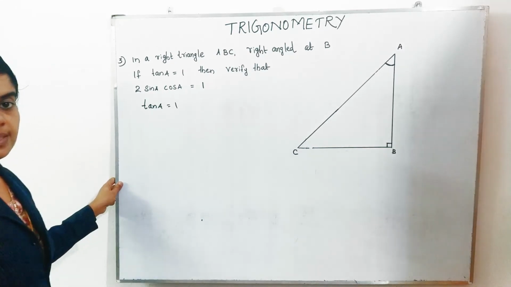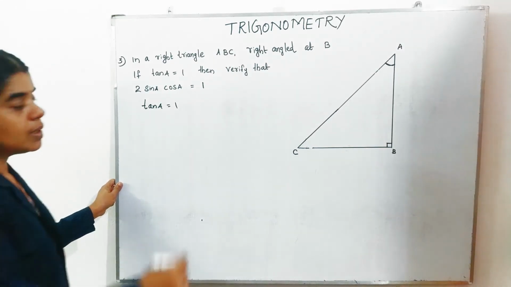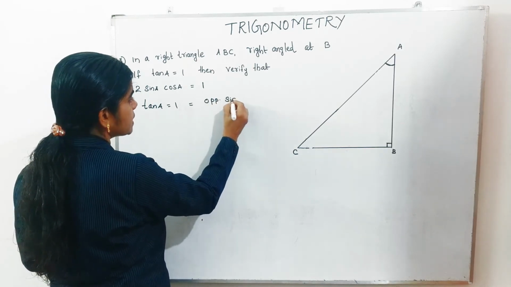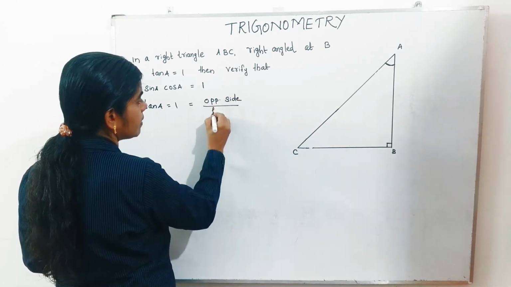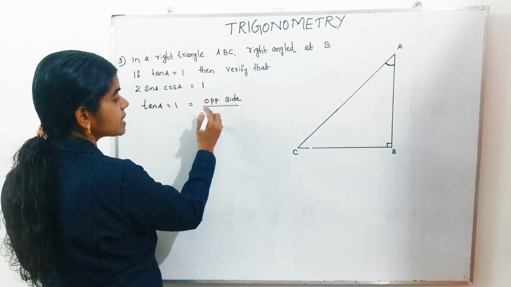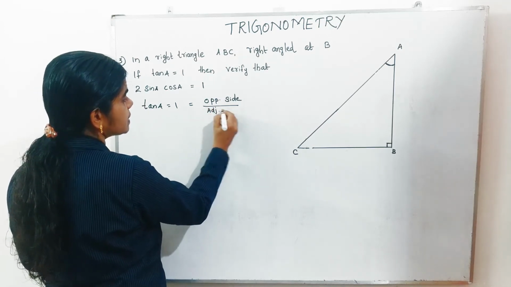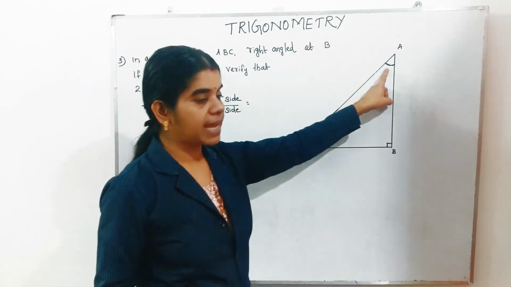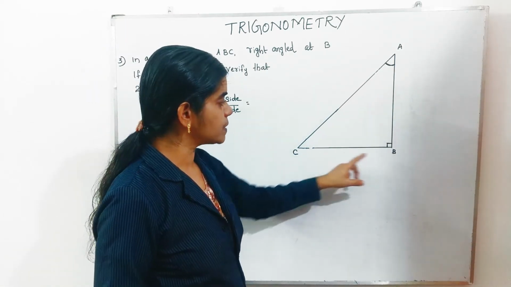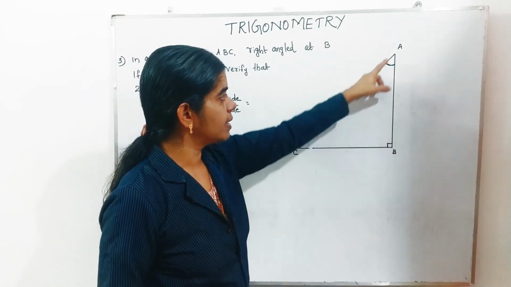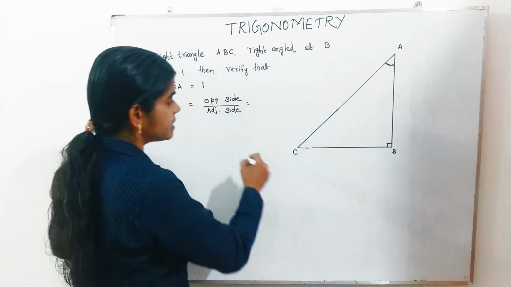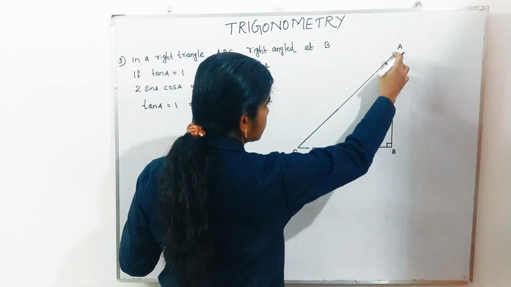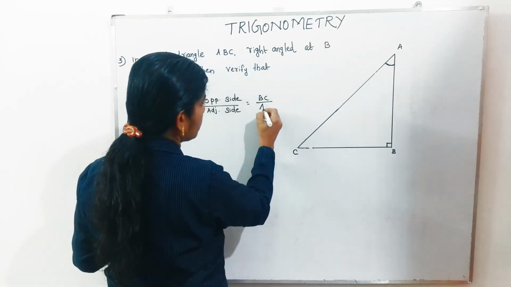You already know that tan A is equal to opposite side divided by adjacent side. Based on this angle A, what will be the opposite side? The opposite side will be BC, then adjacent side will be AB.